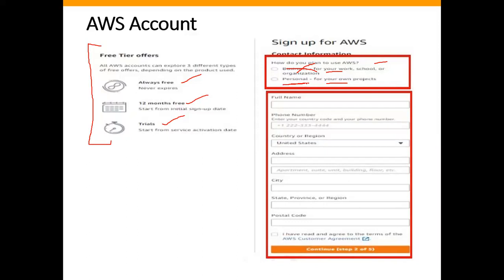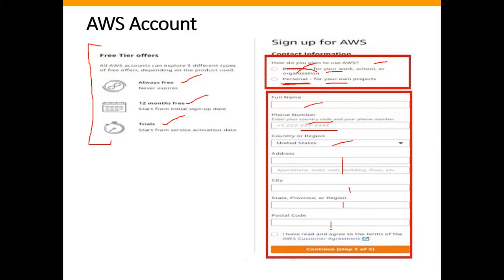Once you select your plan as a personal plan, you need to enter your personal details: your full name, your phone number with country code, select your country, your address, city, state, and postal code.